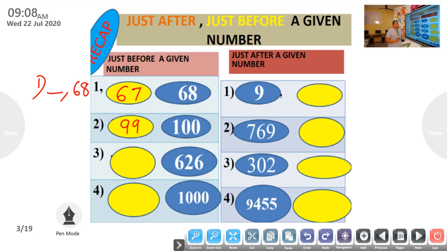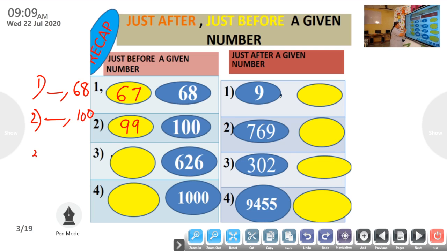Then question number 2 is 100. Write dash 100. 100 backward, count it back. Yes. Before means you have to count backward. So you are getting 99.